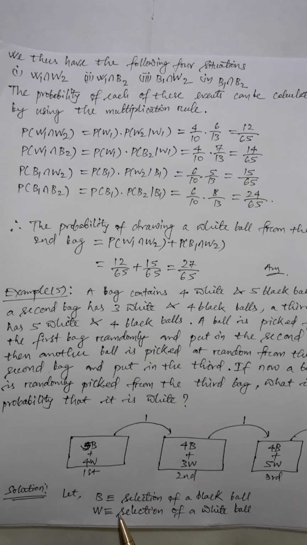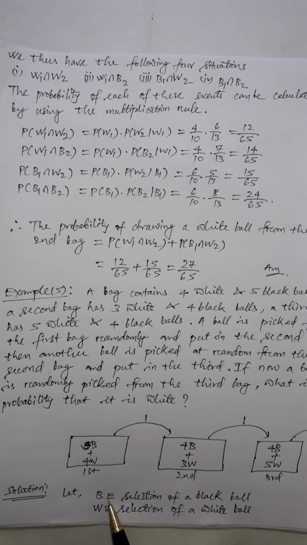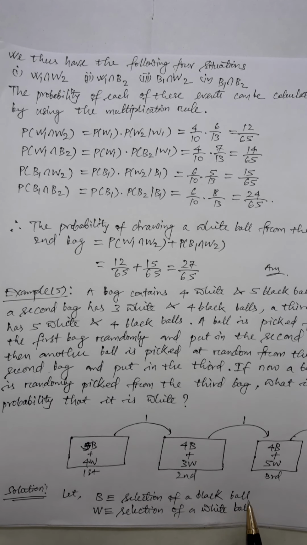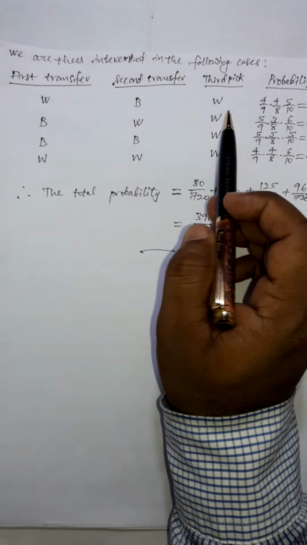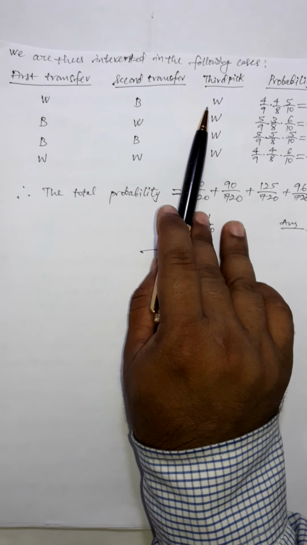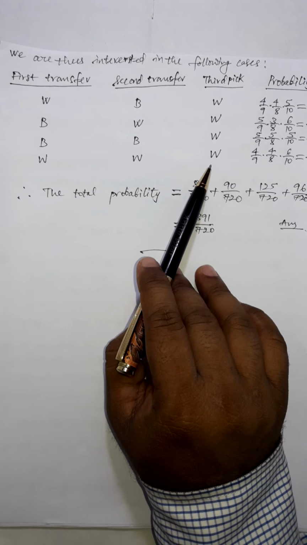So first of all, we need 2 events here, B and W. Let B be the event of selection of a black ball and W be the event of selection of a white ball. Then friends, we have these 4 different type of cases of our requirement, where the third pick will be a white ball.